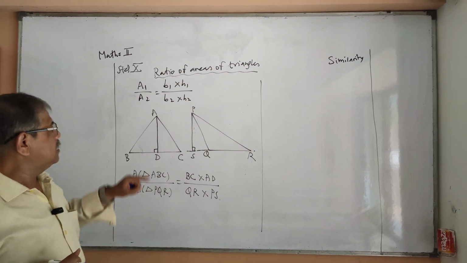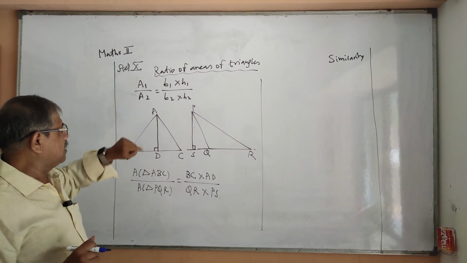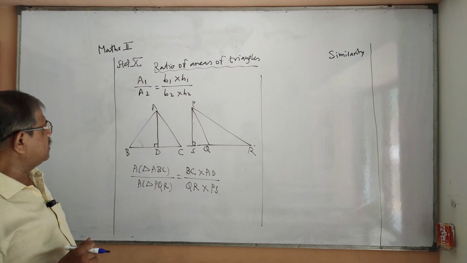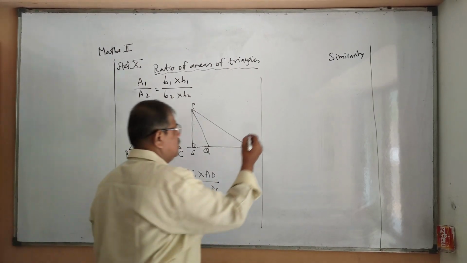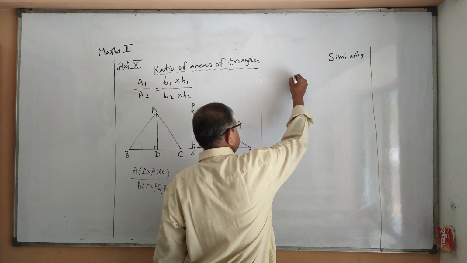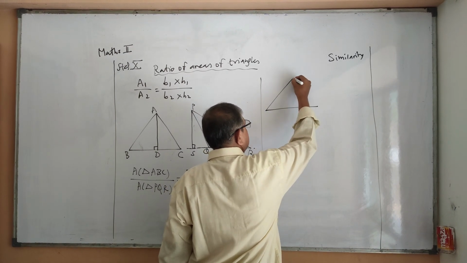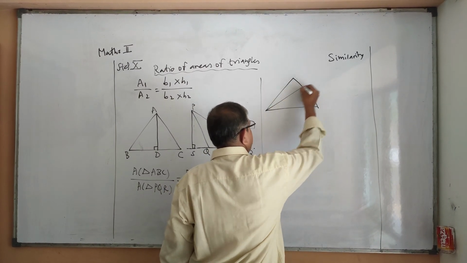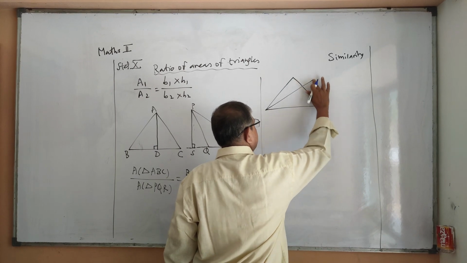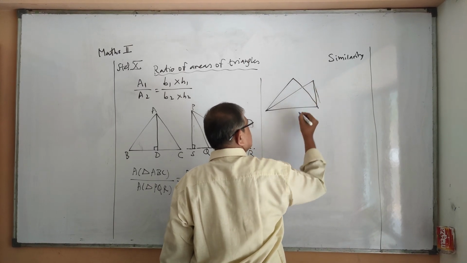Okay, students, we learned the property of ratio of areas of triangles. Now, if the triangles have a common base, for example in this case, these are two different triangles having a common base.